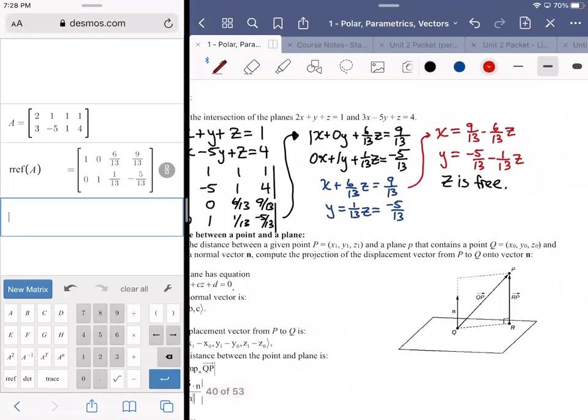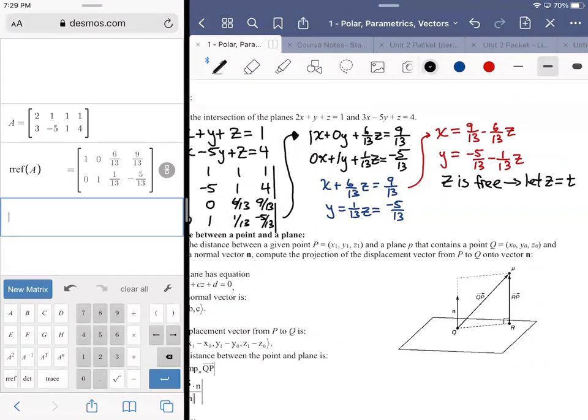So I'm going to say let, and just to keep it simple, I'm going to let z equal t, some parameter t, right? And so what I get as a result is the line.